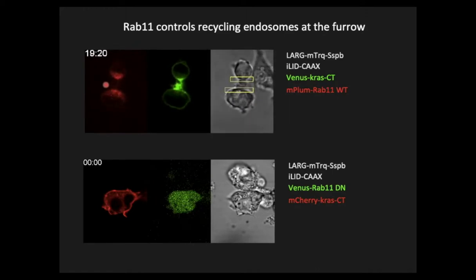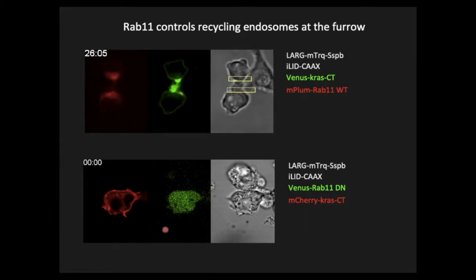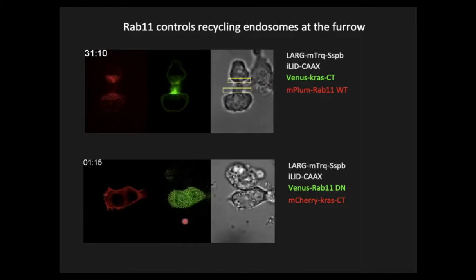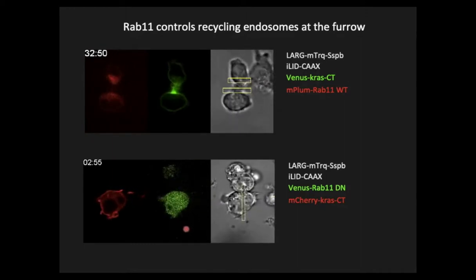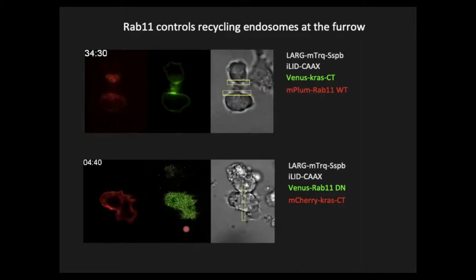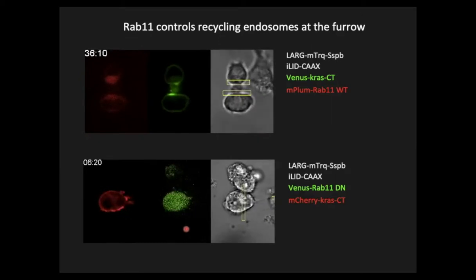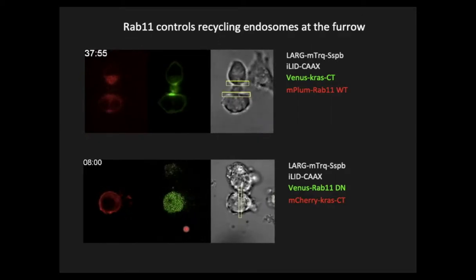In the second movie, we knock down RAB11 by using a dominant negative protein in the green channel, and the red channel in this case is our membrane marker. You will see that the cell can contract, but it cannot form a furrow.